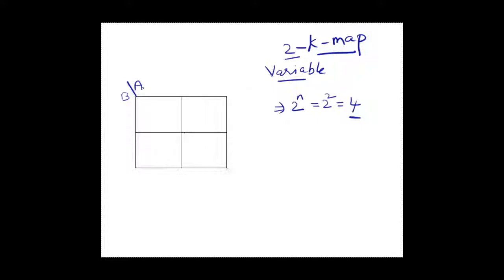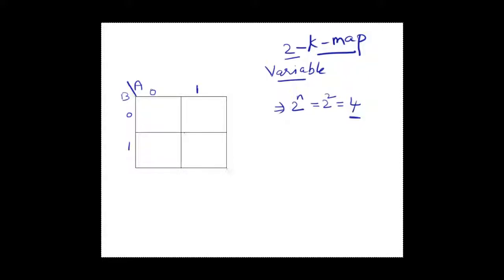When I take this as A and this as B, I generally write this as 0, this to be 1, and this as 0 and this to be 1.